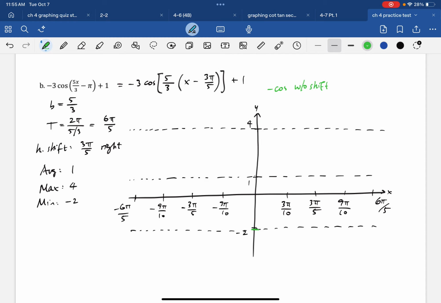And now I also know that my graph is being shifted by 3 pi over 5 to the right. So I'm going to draw that shift, 3 pi over 5 to the right, which means that my new graph must have a dip at 3 pi over 5. And then I can fill in the rest of the intersections using the pattern that I'm familiar with.